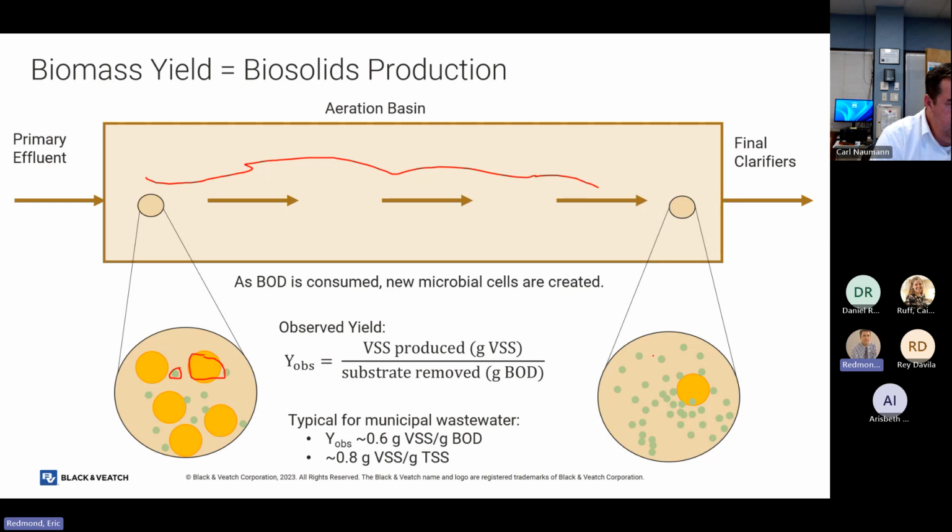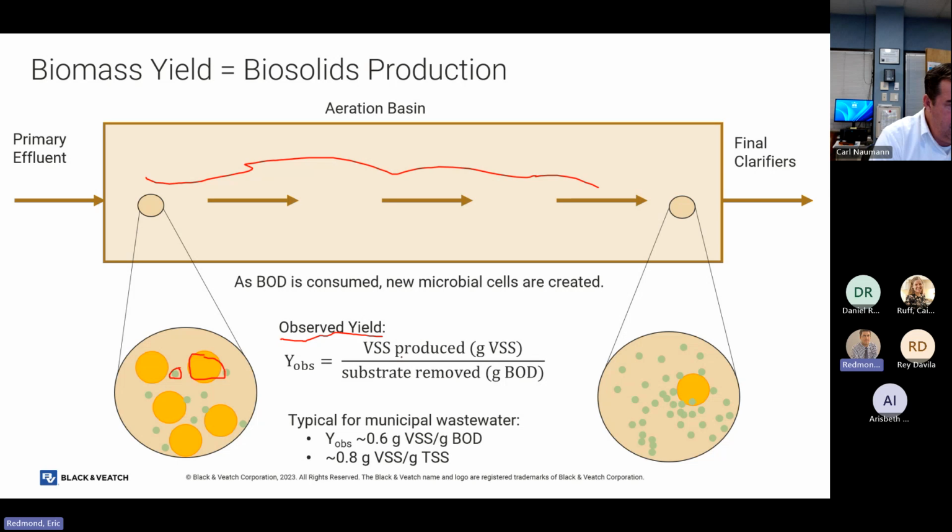And then when we think about this observed yield or this solids production, what we get into is this observed yield down here. And it's something we can calculate and estimate. And you can trend it in your system to see how much waste you're actually producing.